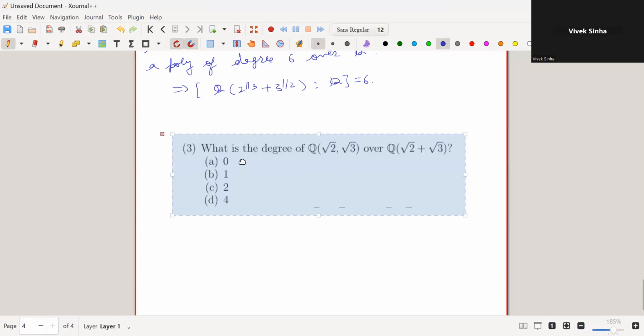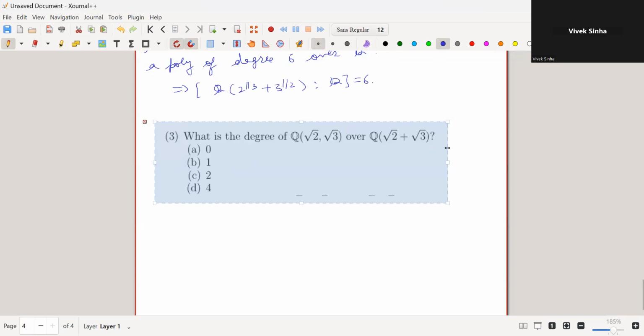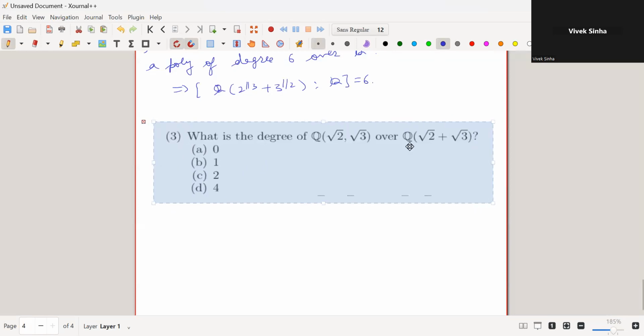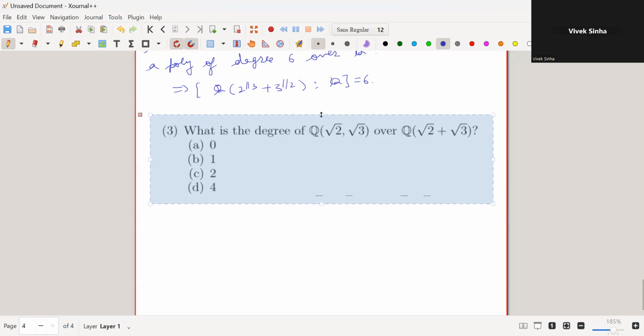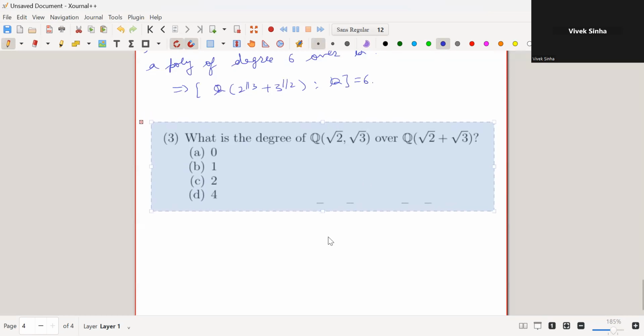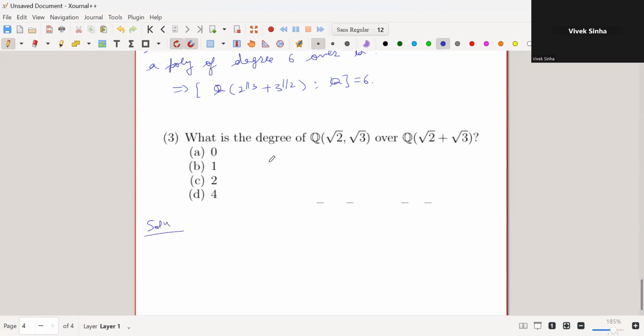Yeah. So it says, what is the degree of Q(root 2, root 3) over Q(root 2 plus root 3)? Okay. So that we have to see. Solution.